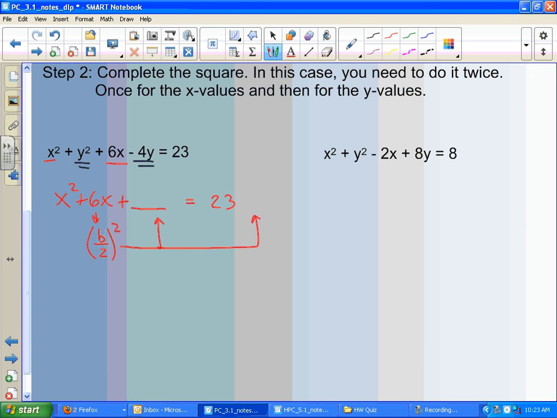Remember that? Will this answer be negative ever? Never. It'll never be negative. So b over 2 squared, squaring something will always be positive. So 6 over 2 is 3. 3 squared is 9. So 9 here. All right? There's completing the square with the x's. Now we go do the same thing with the y's.